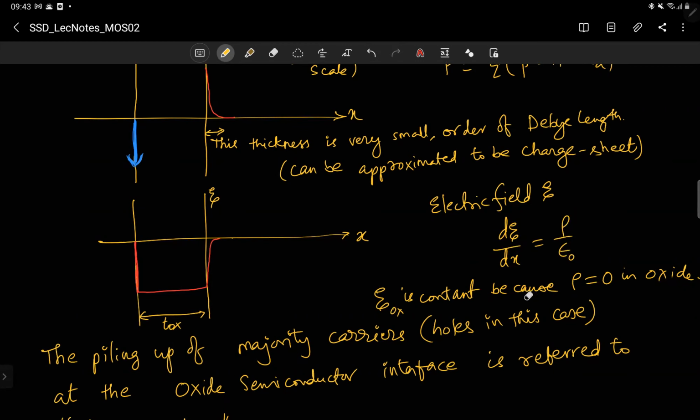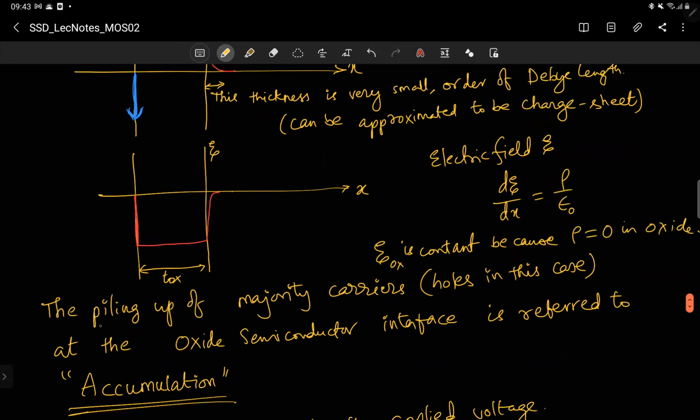So E-ox is constant, the electric field inside the oxide. And because there is an impulse function here, the slope should be very high. In other words, if rho is an impulse, then E should be discontinuous. So it goes to 0 all of a sudden.